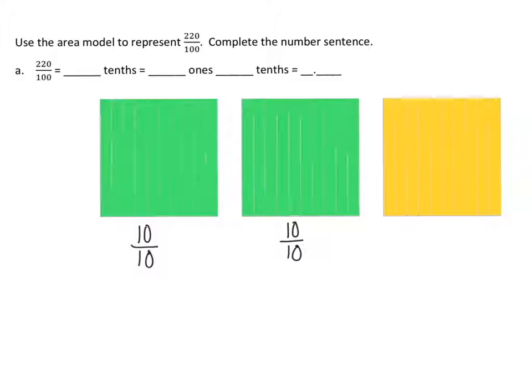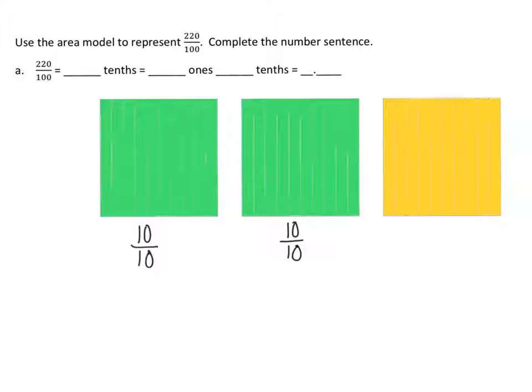So if we go back to our original fraction, we're left with 20 here, right? So we would want to just color in 2 strips to represent 2 tenths. So let's do that. Let's shade in only 2 tenths.